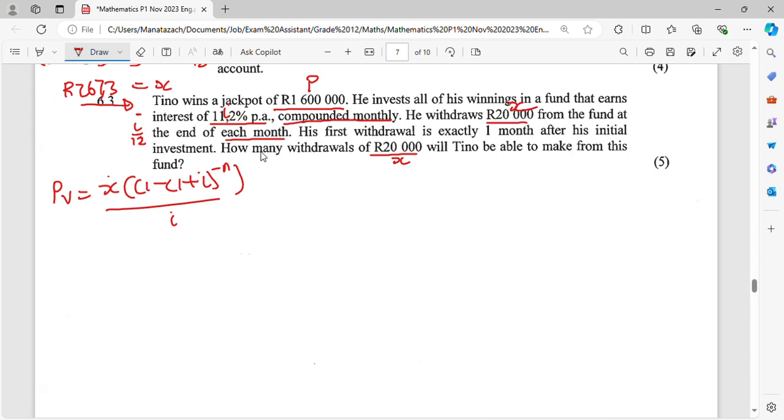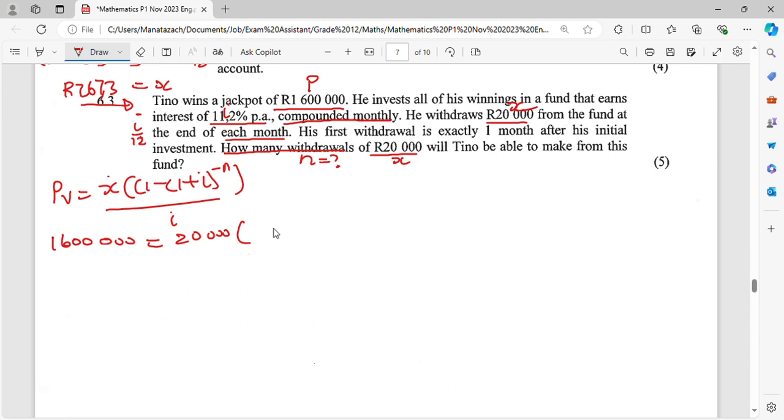When it speaks about how many withdrawals, we're actually calculating n here. The number of withdrawals is n, so n is our unknown in this case. Now let's put in the numbers first. The present value is 1.6 million, right? That's going to be on the left hand side. Then the X, the withdrawals, 20,000.